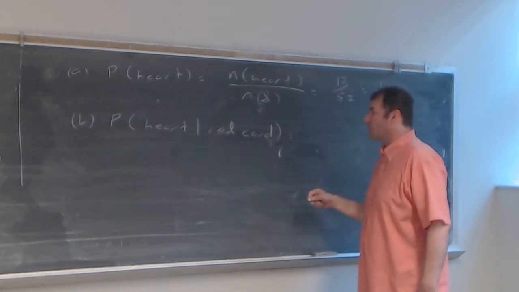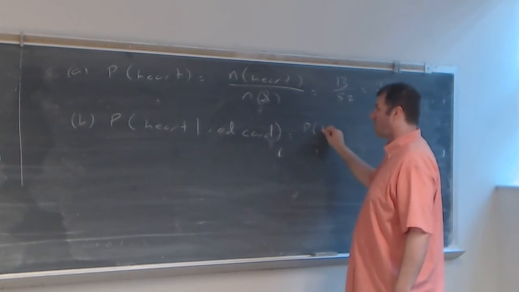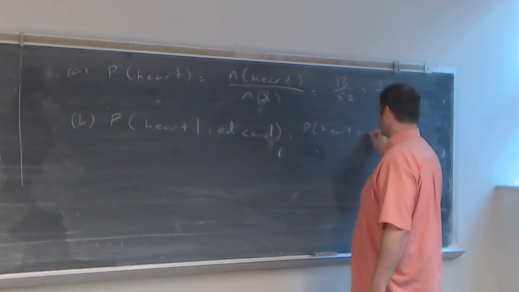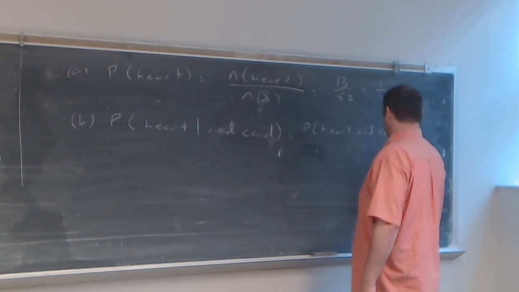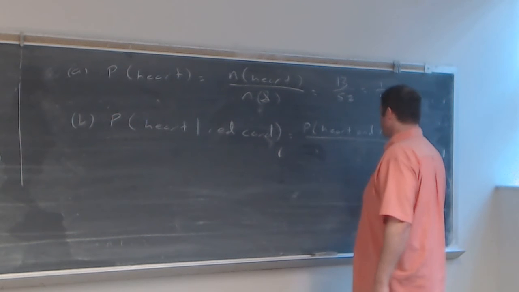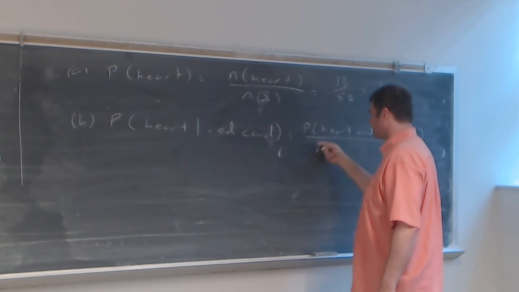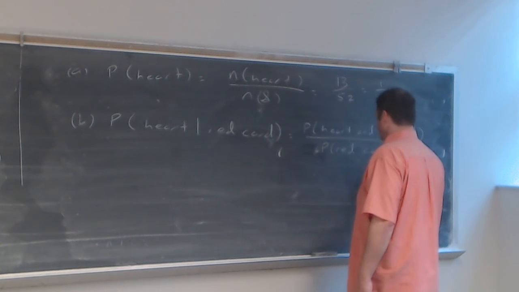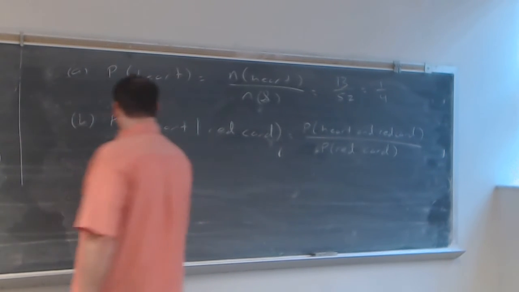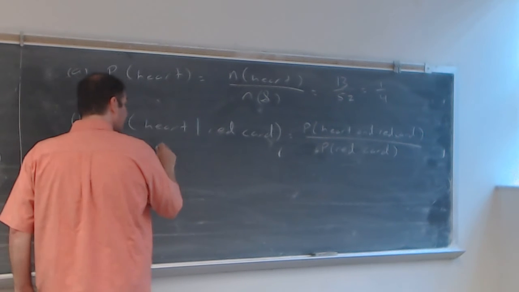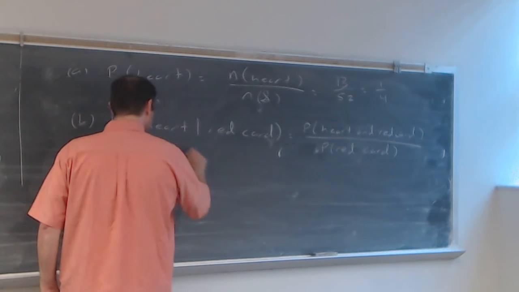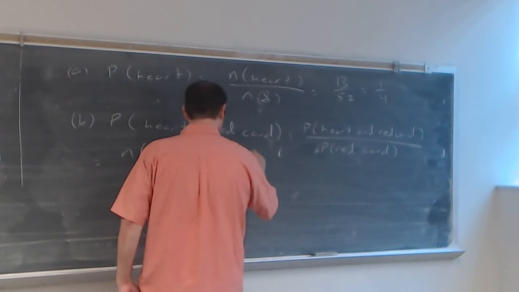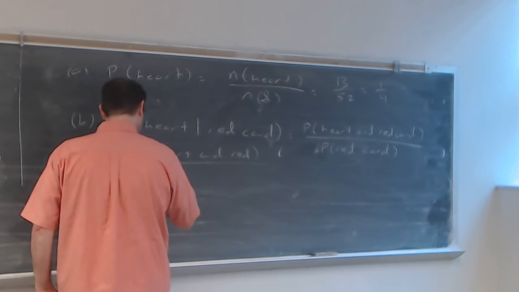Okay, so here, the way we would do this is the probability of heart and red, by definition, over the probability of a red card. That's equal to, well, the number of ways of getting a heart and red over the number in the sample space.